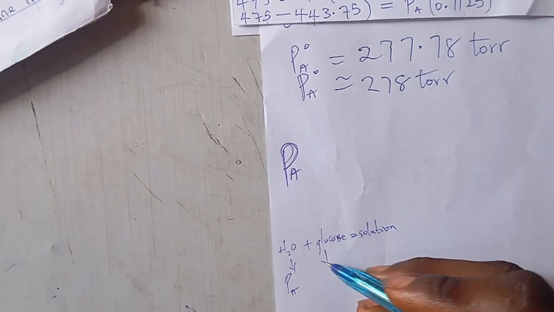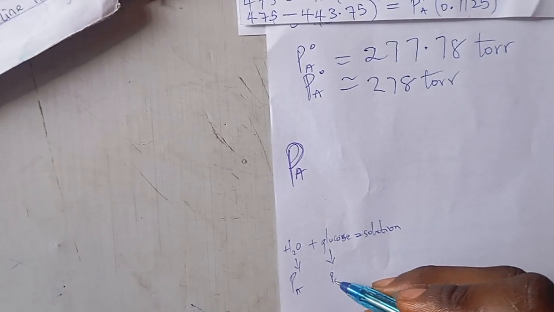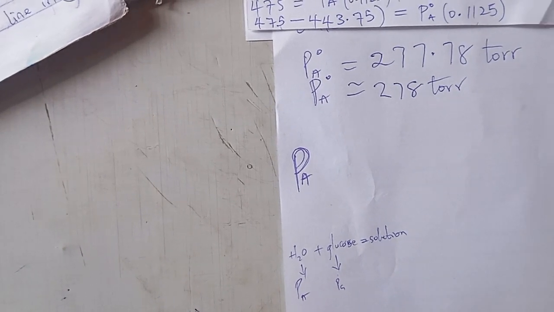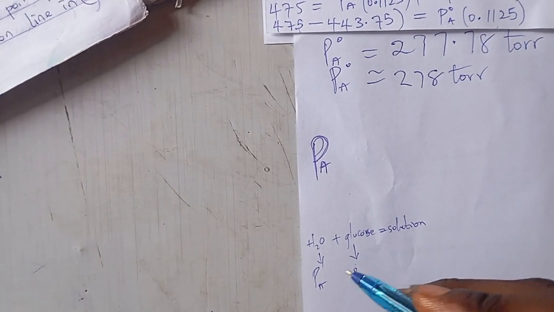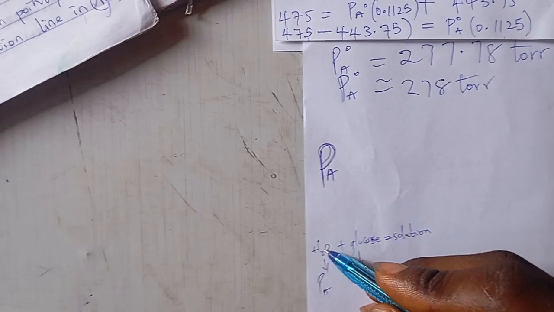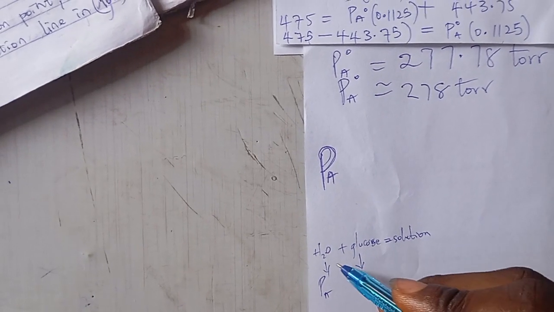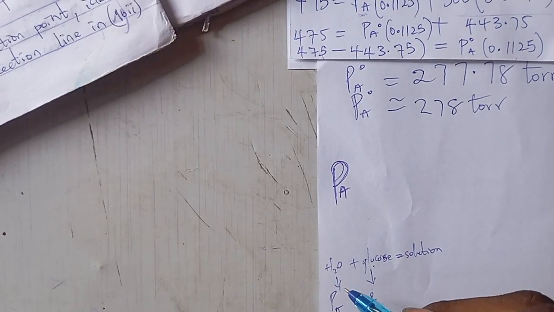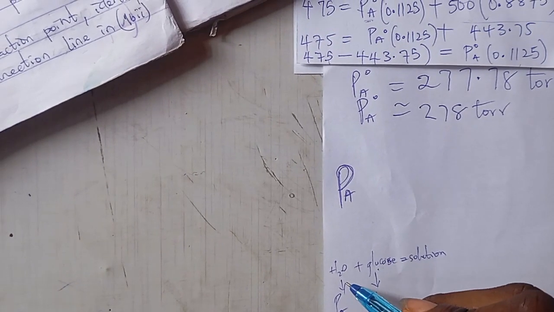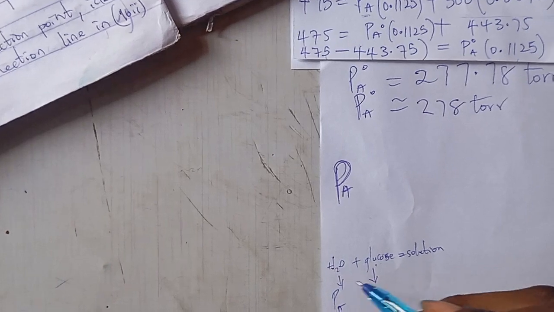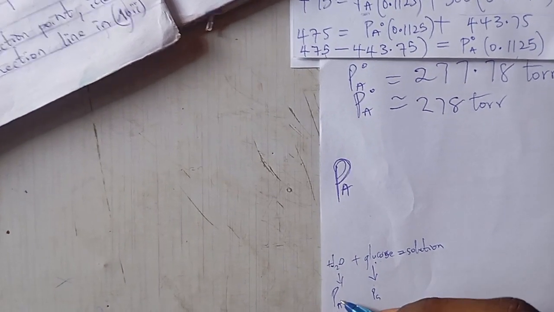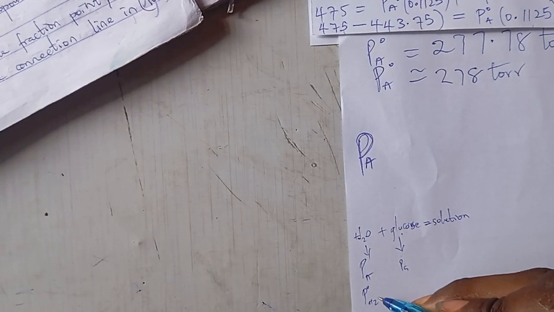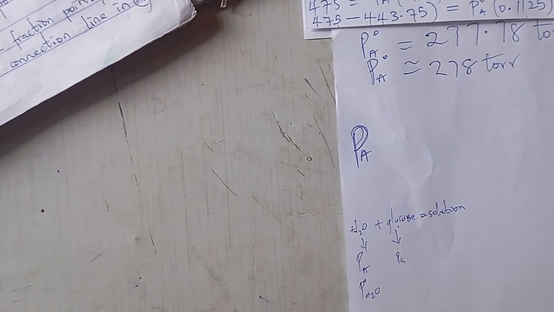Or if they tell me to find the vapor pressure of glucose, the one they're talking about is PG. That is the vapor pressure due to the fact that it formed a solution. But if they tell me to find the pure vapor pressure of water, or the vapor pressure of pure glucose or pure water, or the vapor pressure of water at a particular temperature, that is going to be P naught of water, which is the pure vapor pressure. I need to know this.